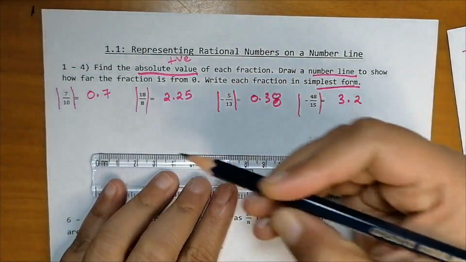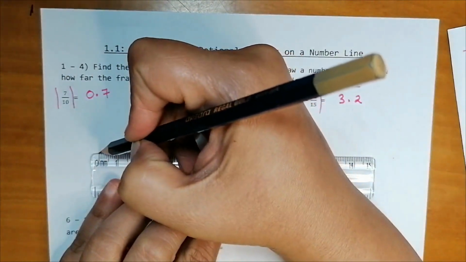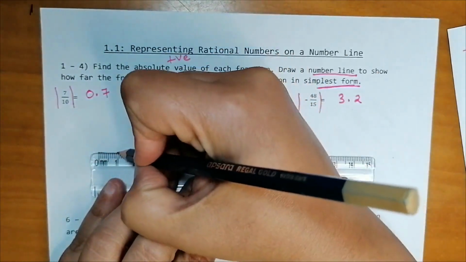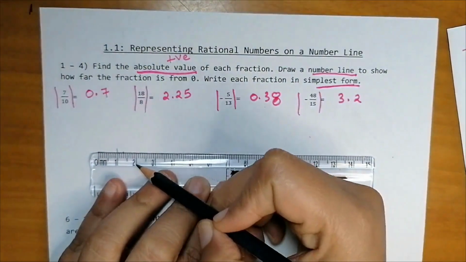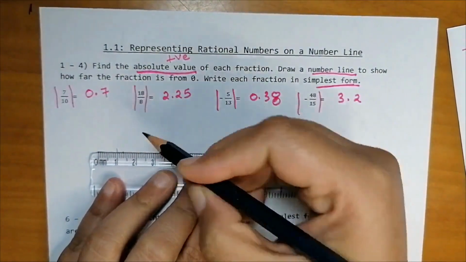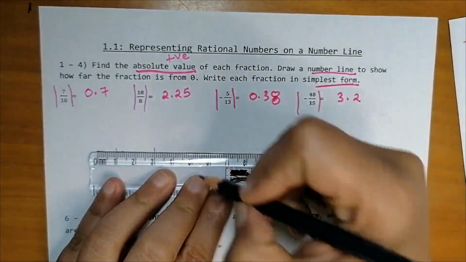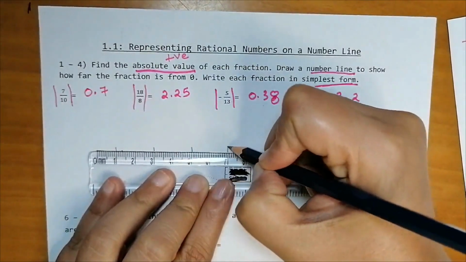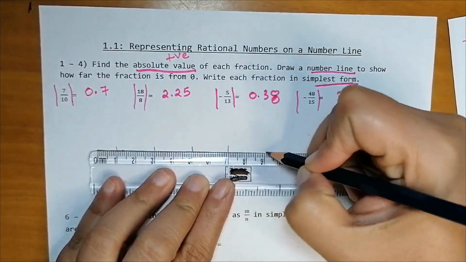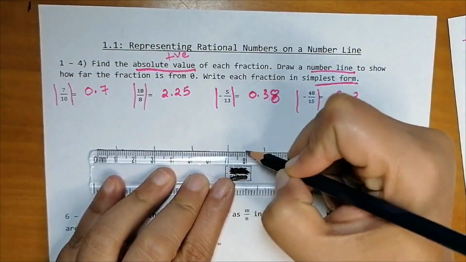So let's say we start from here, so this is my 0. Instead of saying 1 centimeter as my 1 unit, I'll take 2 centimeters as my 1 unit. So this will be 1, 2, 3, and this will be 4.